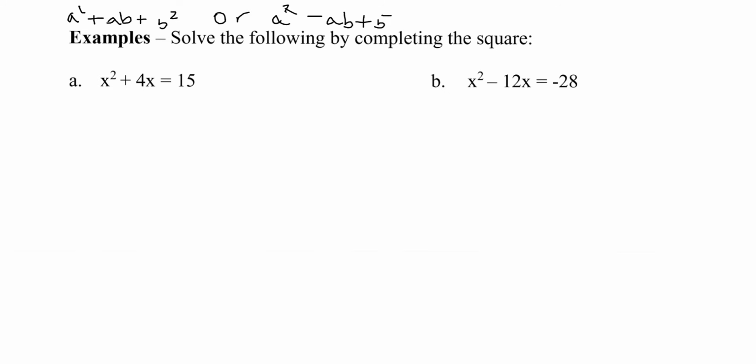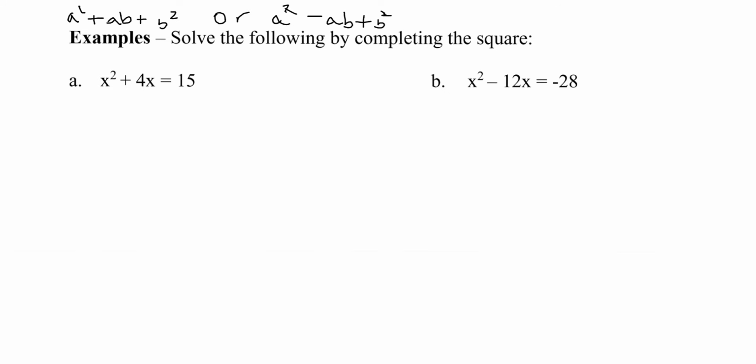And once they're in this form, they're very easy to factor, because they will factor either as (a plus b) squared for the first one or (a minus b) squared for the second one.